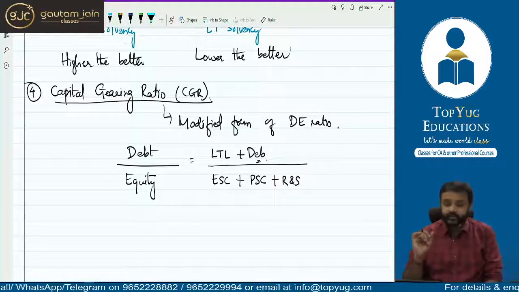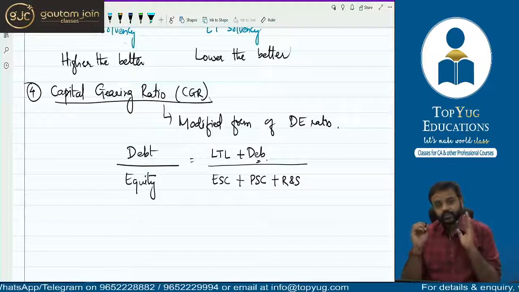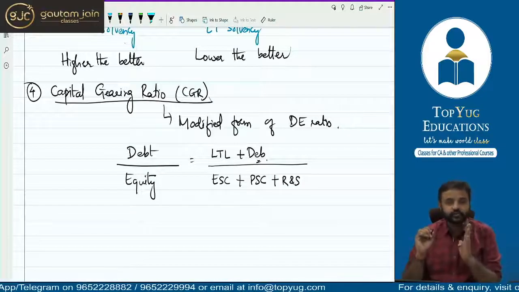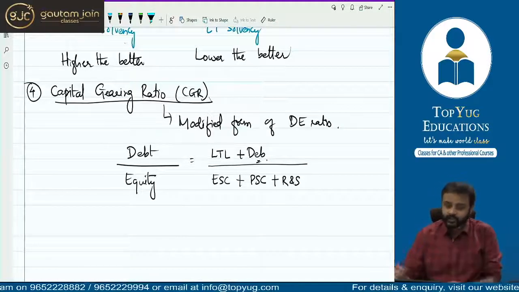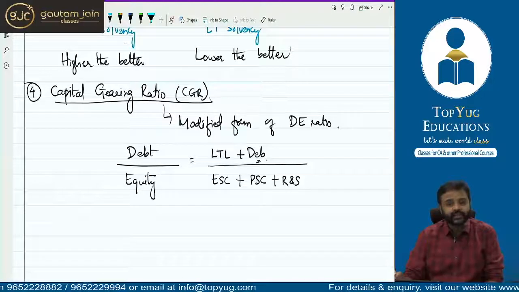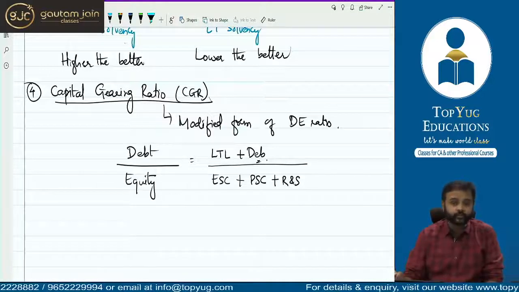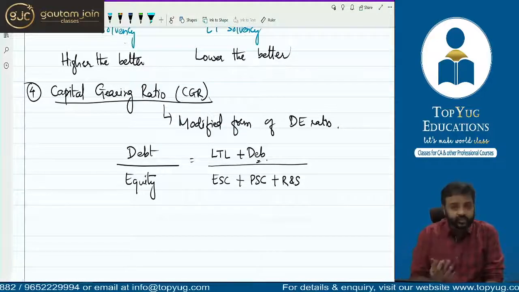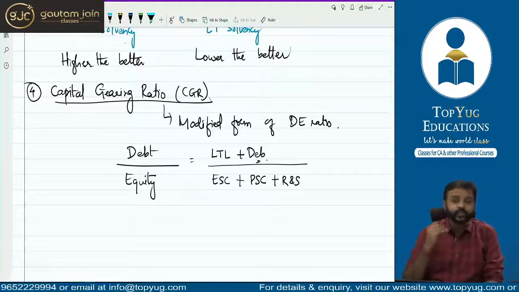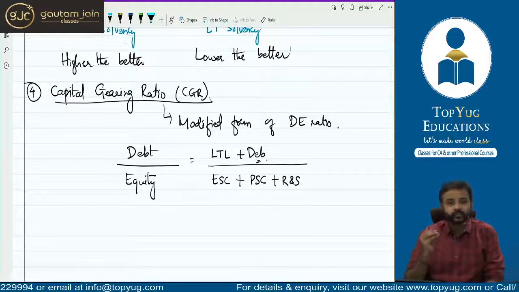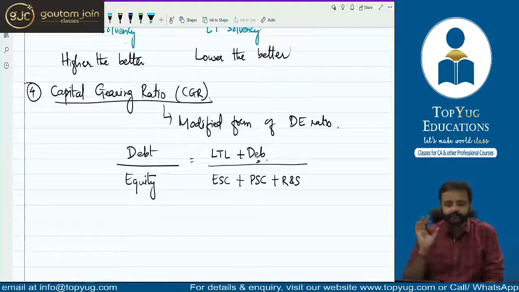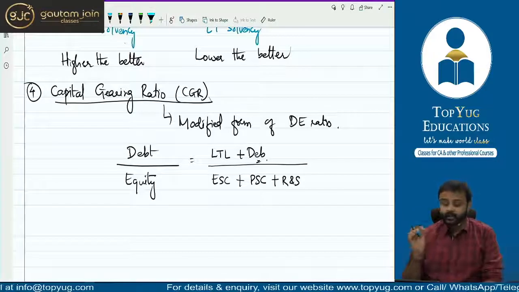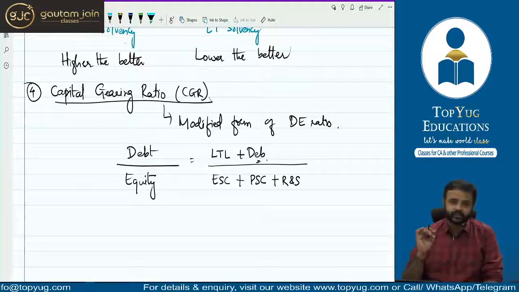So what I'm trying to say is here, if you just note, the numerator has got those type of funds which are having a fixed cost, and if you just observe the denominator, equity shareholders will get dividend but only when there are profits, and that too it's not sure whether they'll get it or not. It's only when the board of directors decide to recommend, right, that is where there is a possibility that they might get dividend.